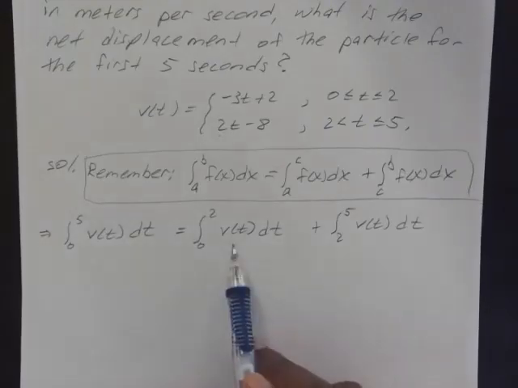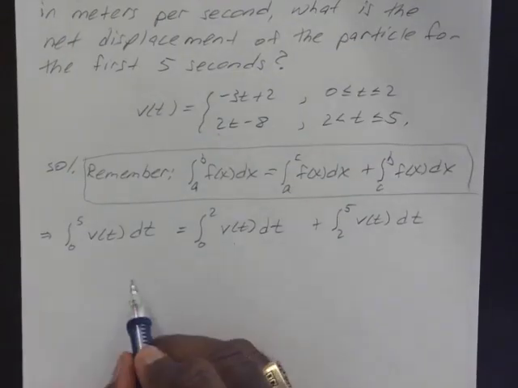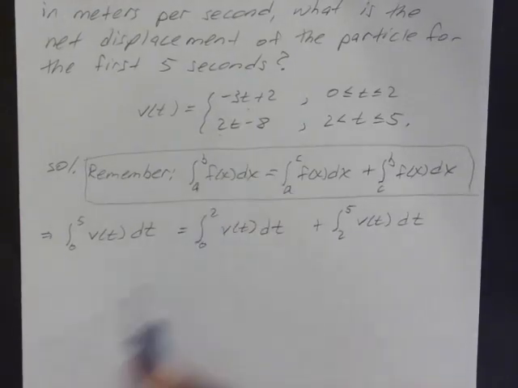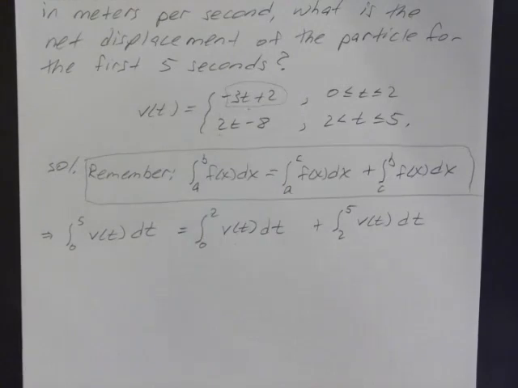Now, I left it as v of t purposely because the velocity function you use all depends on the interval. So from 0 to 2 seconds, this is our velocity function.